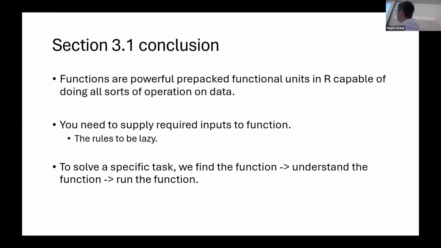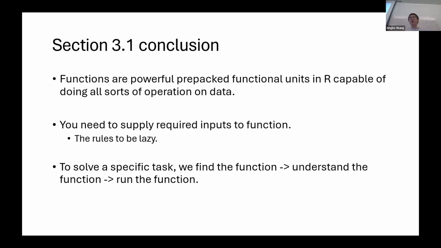And finally, I think this is the most important thing. If you have a specific task in your mind to solve, how do you find the function? You first find the function by AI or go to whatever resources you want, but most frequently you should first try AI. And then understand the function by reading the technical documents or go to different forums asking for third-party opinion.